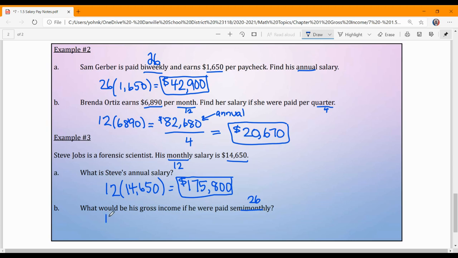So I can take my annual pay, 175,800, and divide by 24. That gives me a semi-monthly salary of $7,325. Okay.